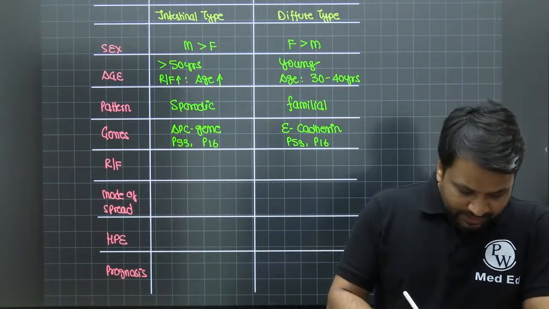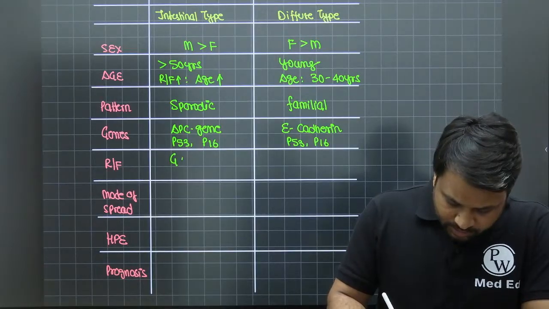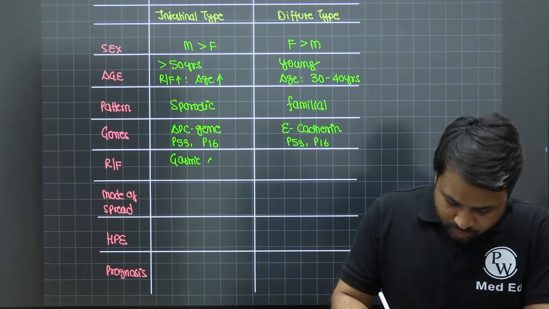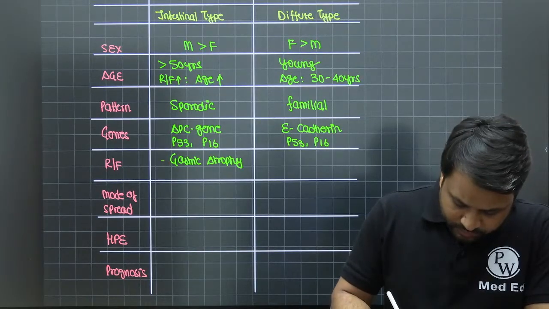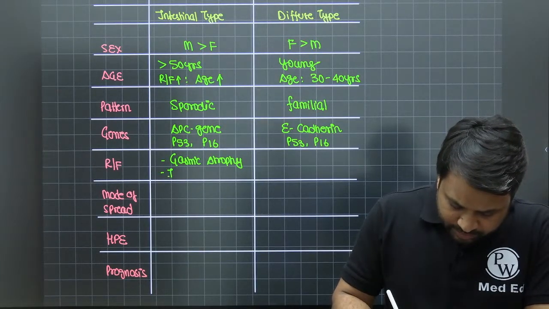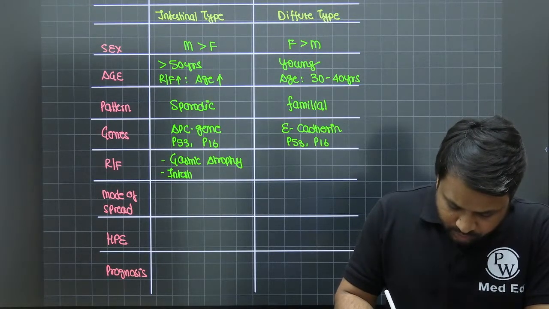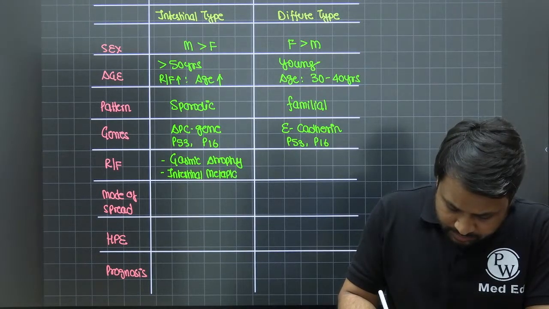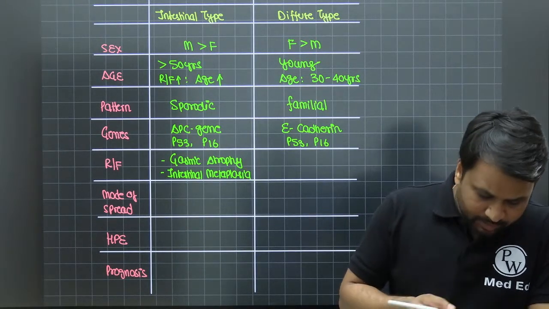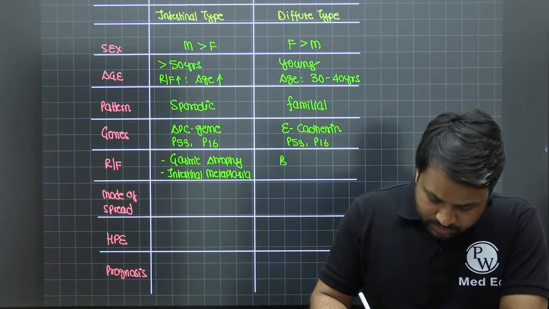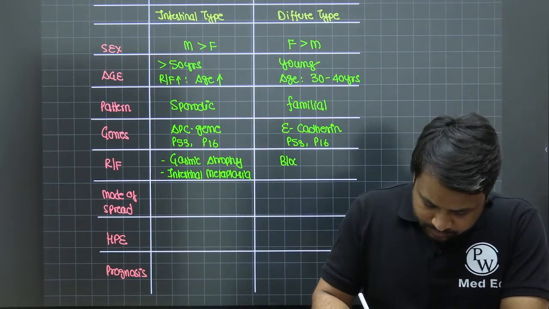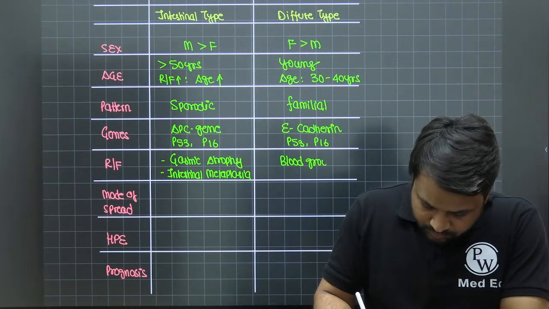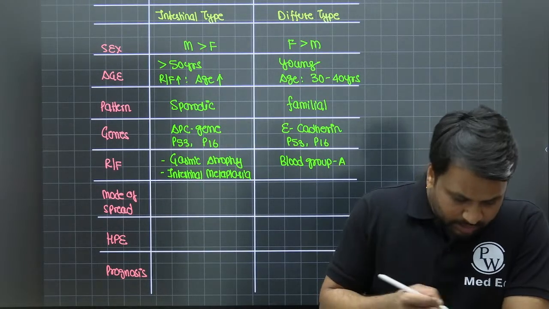When I say risk factors, it is associated with gastric atrophy and intestinal type of metaplasia. Here it is associated with blood group A.